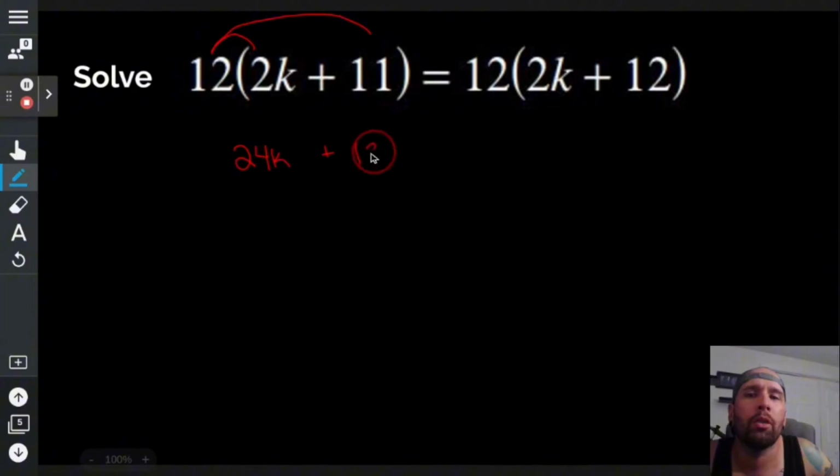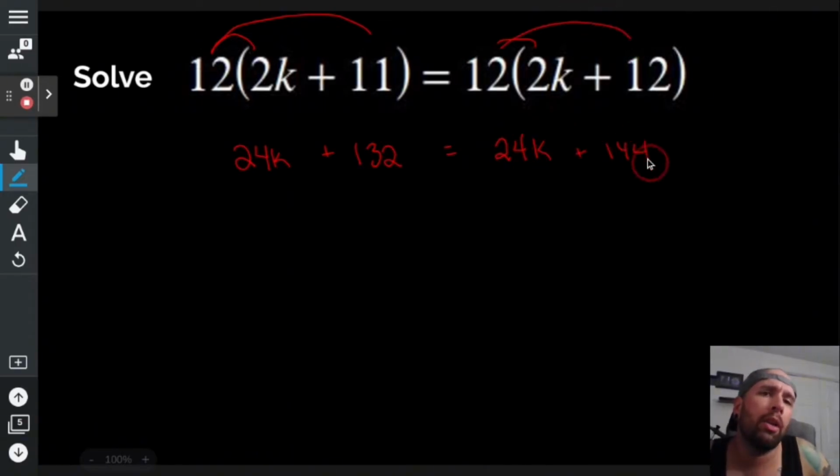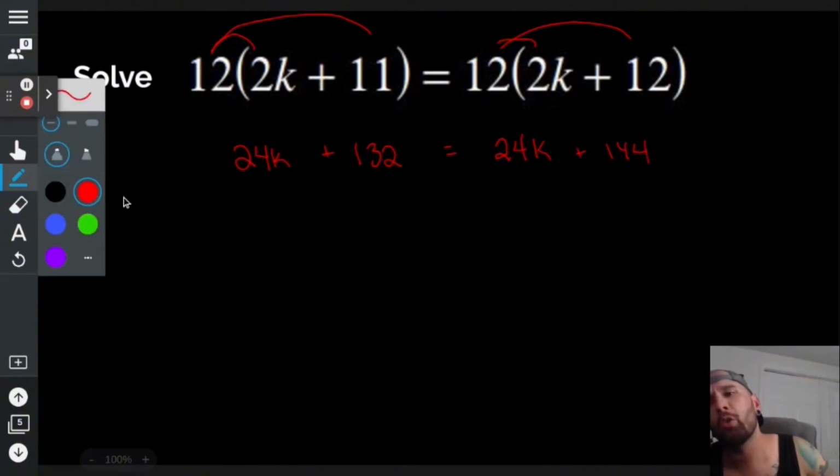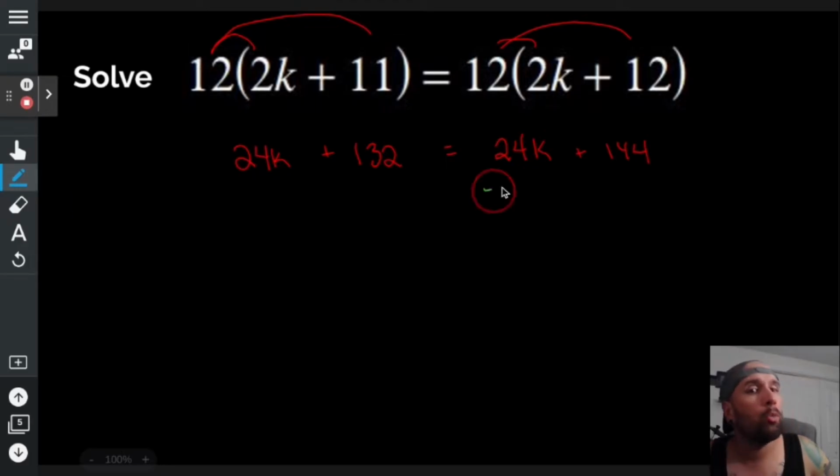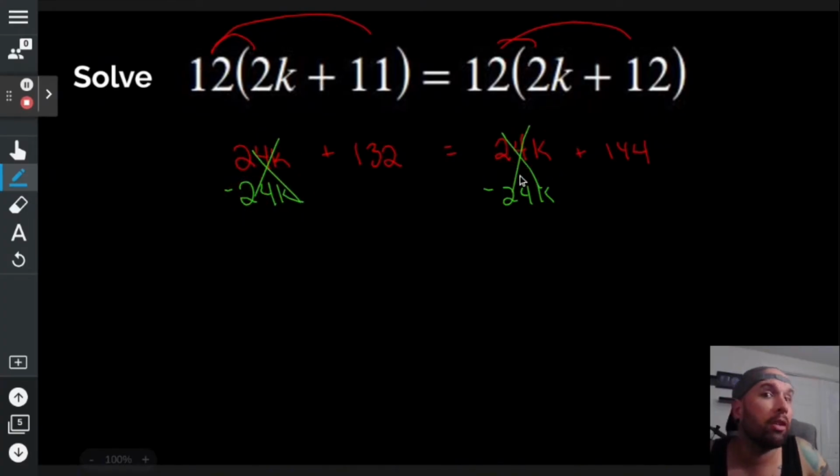132 is going to equal 12 times 2k. Interesting. 24k again. Interesting. 12 times 12 is 144. Now, it's interesting because on the left side you have 24k, and on the right side you have 24k, which means if you subtract 24k from both sides, all of the variables disappear.